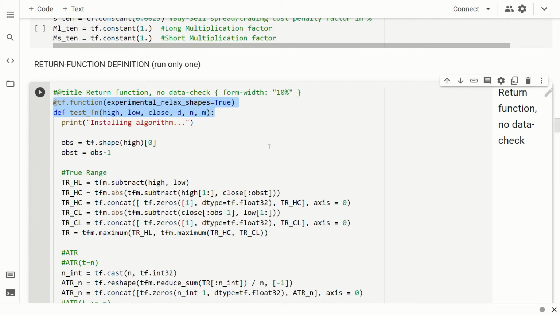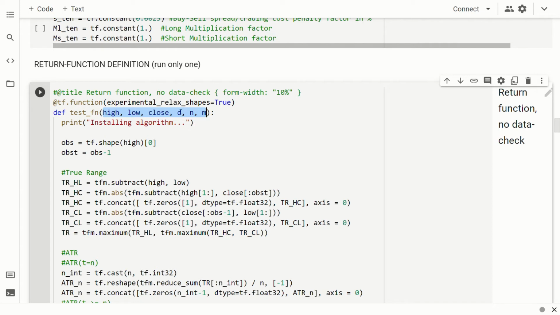And then we define the function as if it was a normal function. So I called it test_fn. And this function is using the high price, the low price, the close price, D, N, and M.